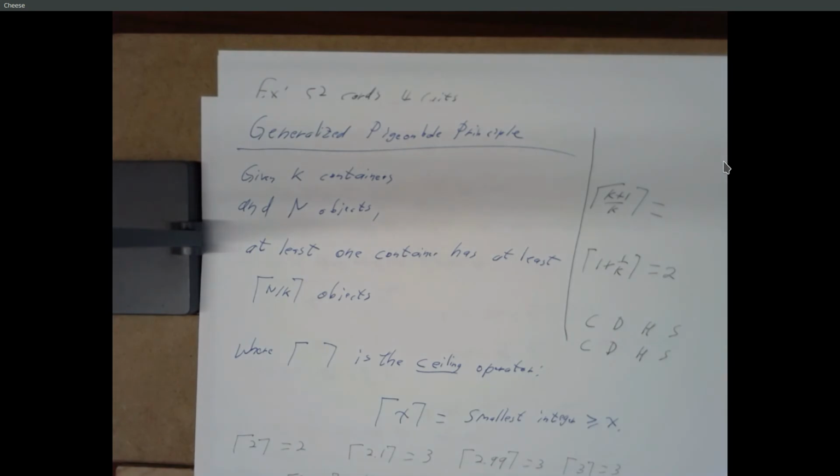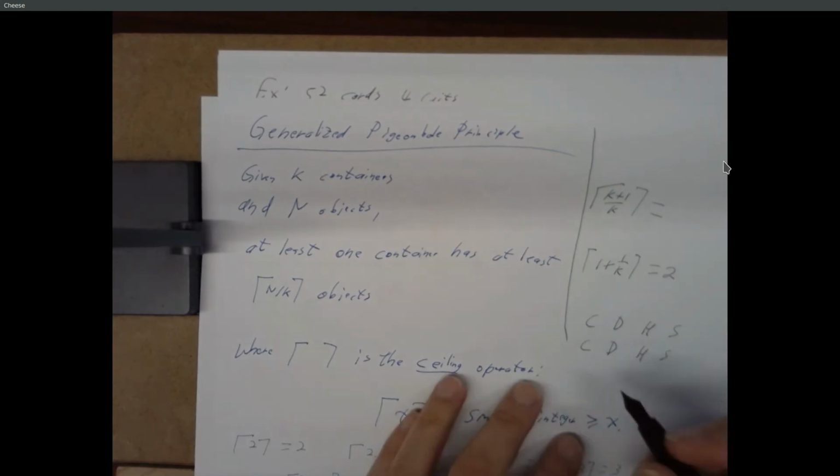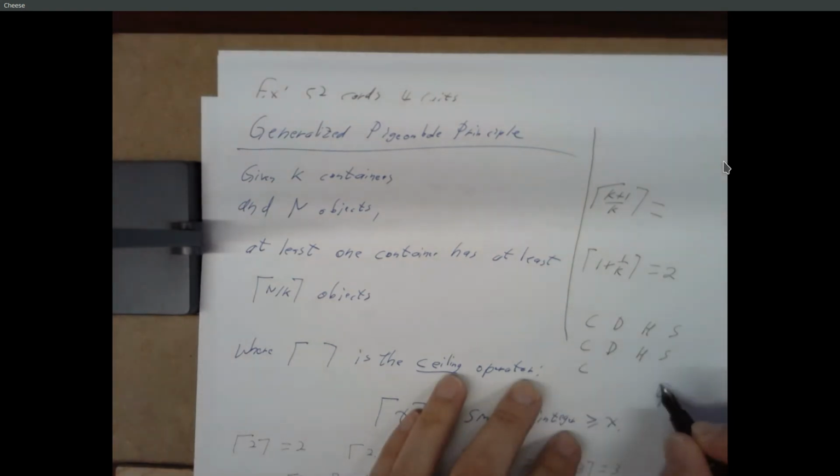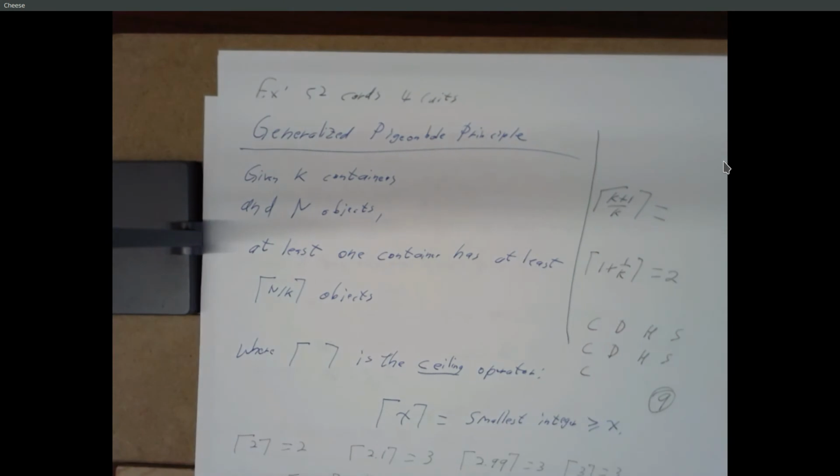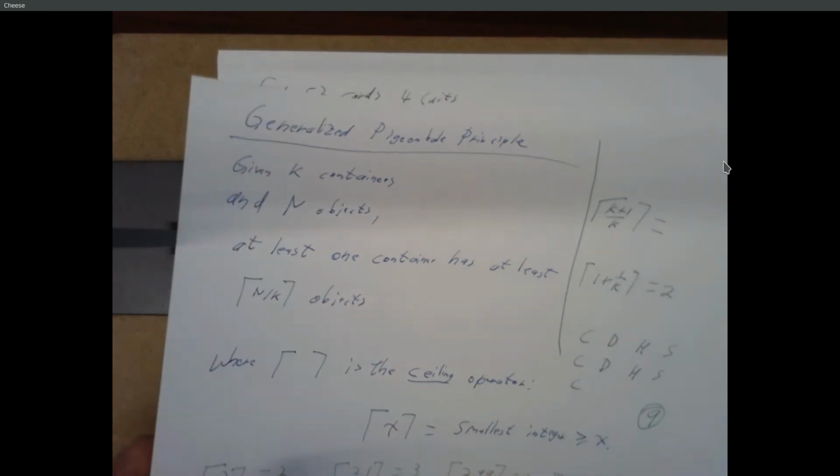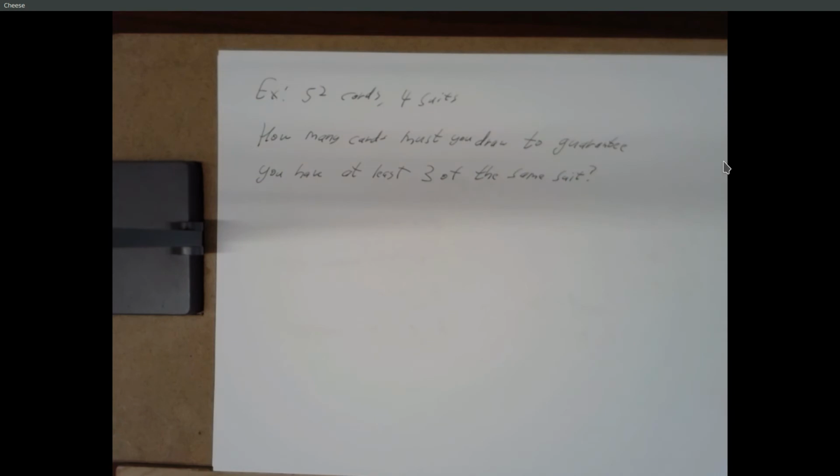But you can kind of see whatever the next card is that you draw, you're either going to have 3 clubs, 3 diamonds, 3 hearts, or 3 spades, right? So from that kind of pessimistic analysis, it looks like you might have to draw 9 cards. But it's not a proof, right? But it gives you an idea of what the answer might be.